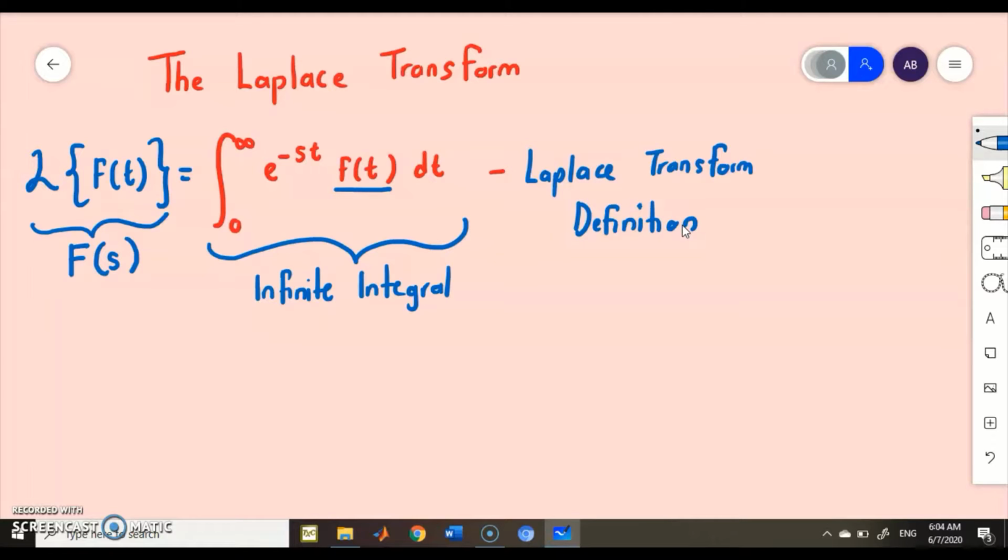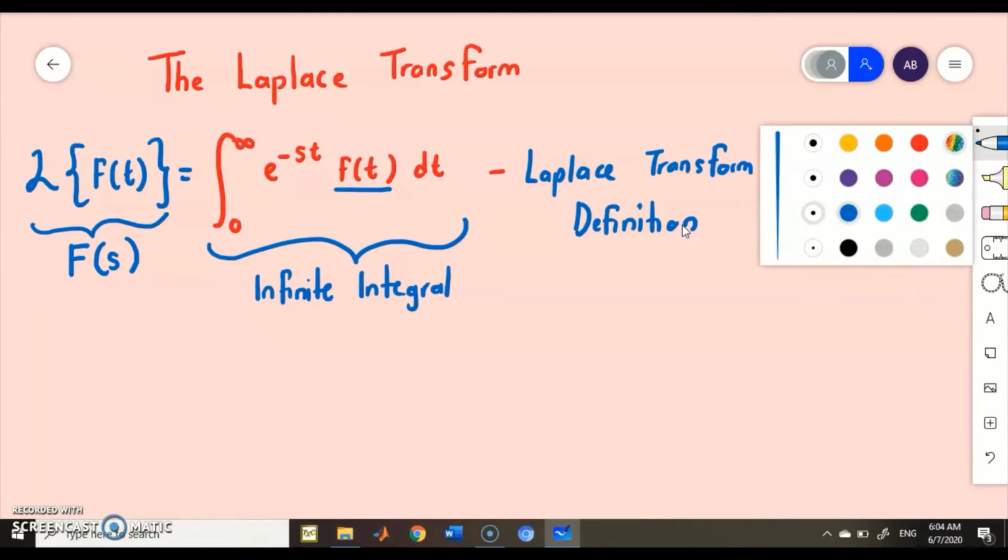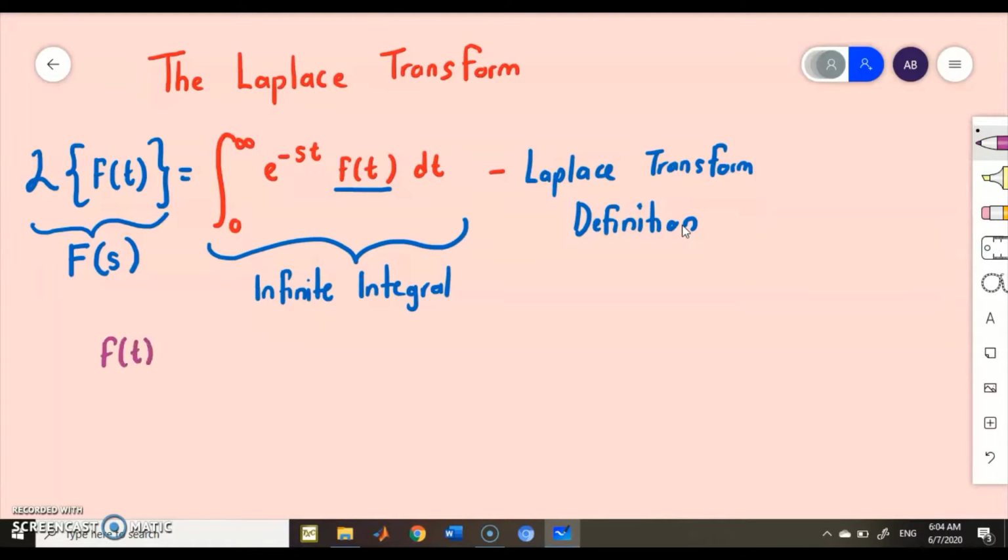Let's say we want to find the Laplace transform where f(t) is 1. Then the Laplace of 1 is given by the integral from 0 to infinity of e to the negative st dt, because f(t) is 1 here.